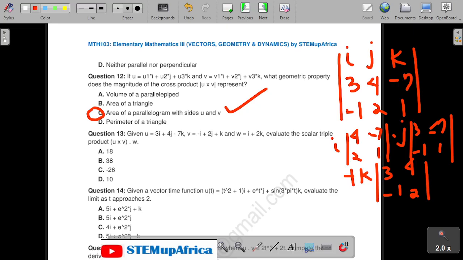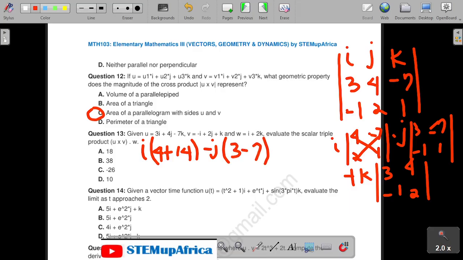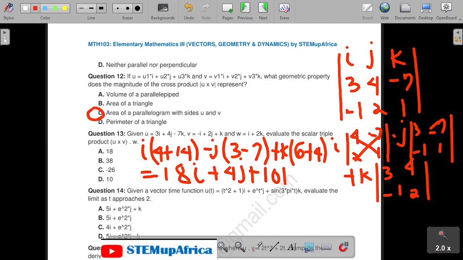If I evaluate this expression, I'm going to have i into 4 plus 14, minus j into 3 minus 7, plus k into 6 plus 4. That gives me 18i plus 4j plus 10k.